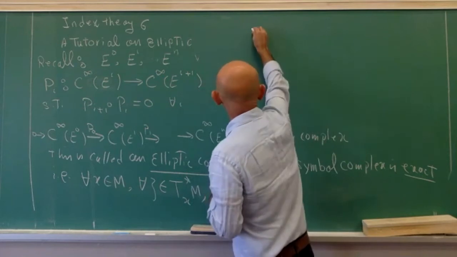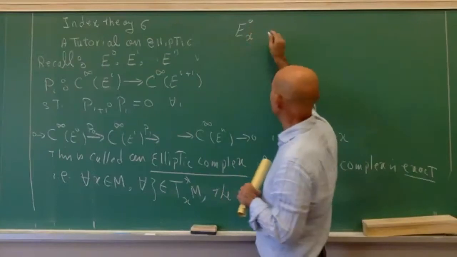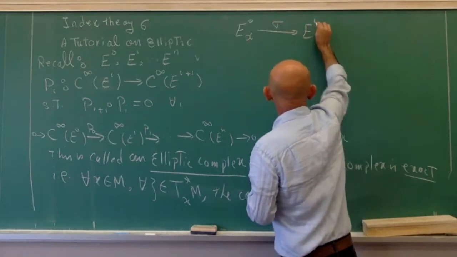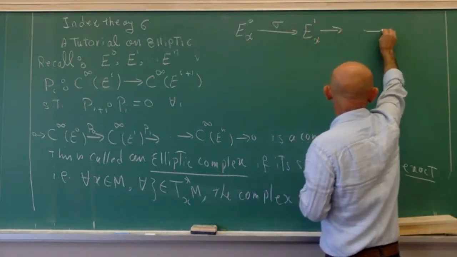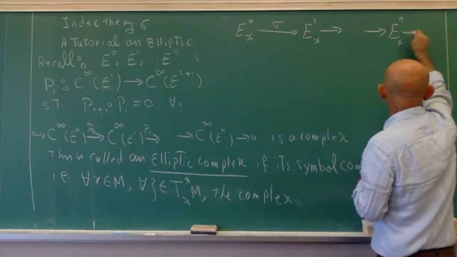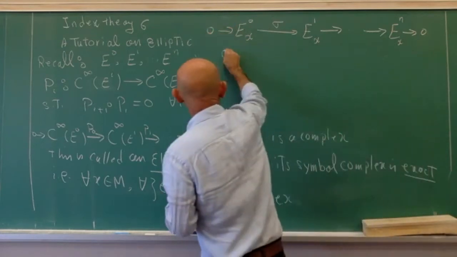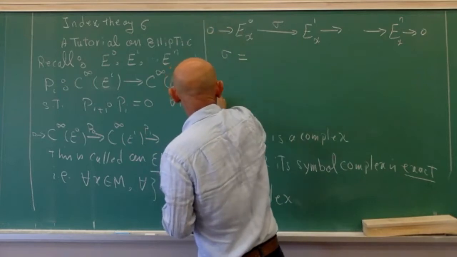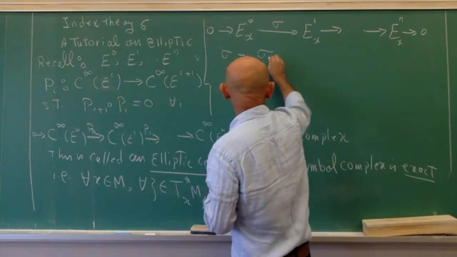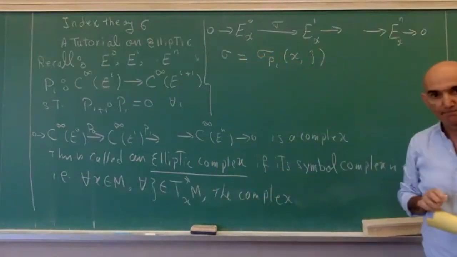So the symbol complex would be E0, fiber of E0 at x, by sigma, you go to fiber E1 at x, and so on up to En at x, go to 0 from 0, where sigma is a collective notation for symbol of Pi at the point x in cotangent direction xi.